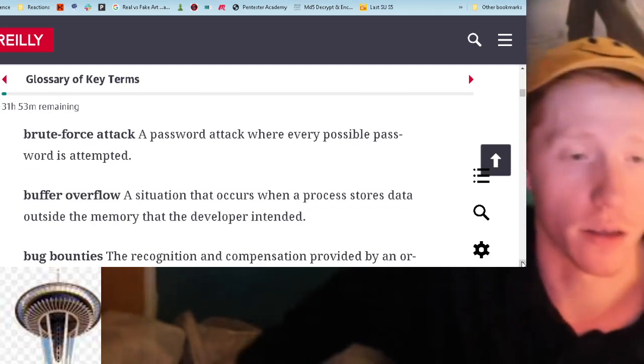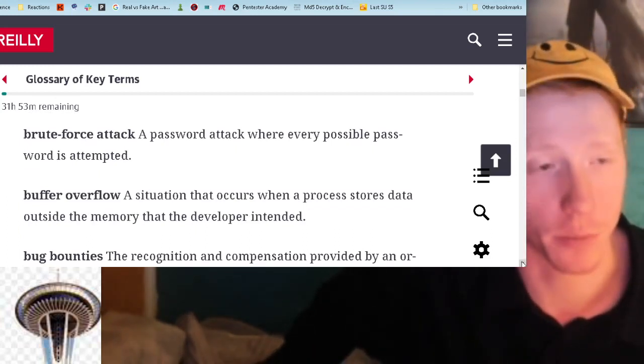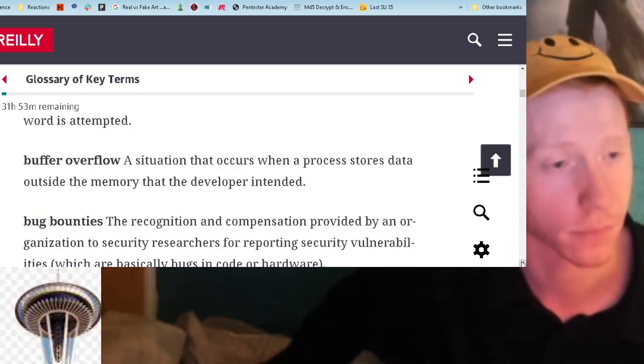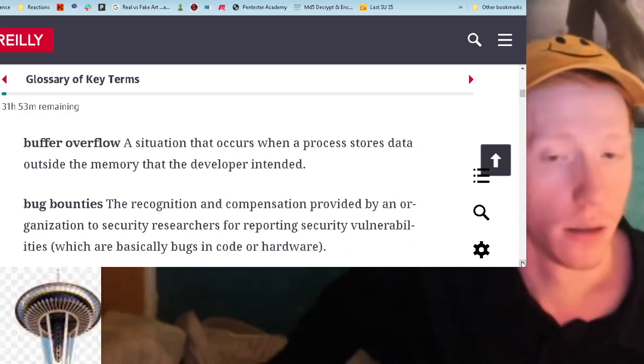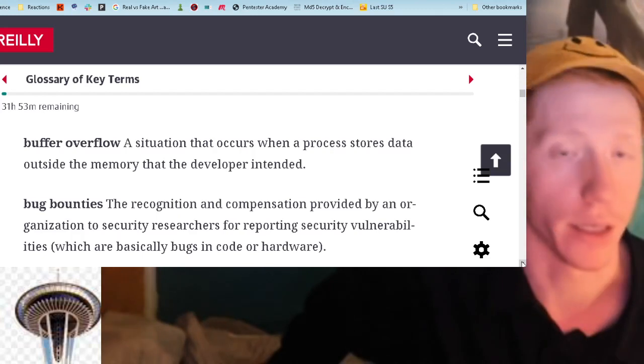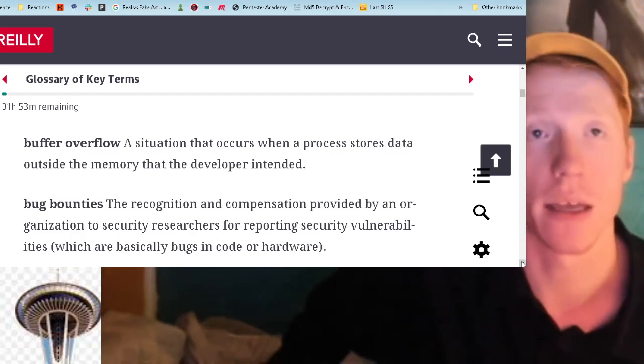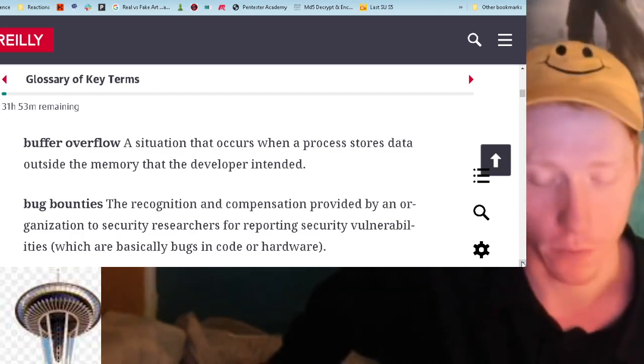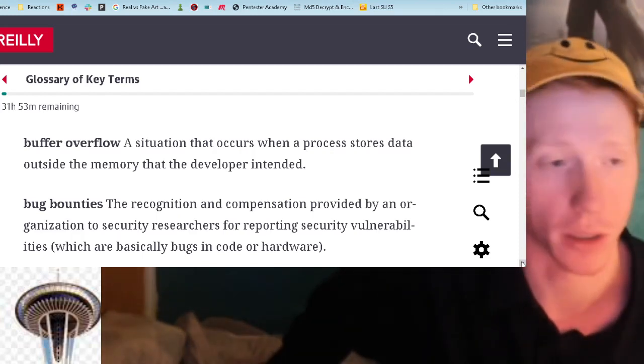A brute force attack is a password attack where every possible password is attempted. And the best way to prevent that is exponential backoff or limiting the number of password attempts.